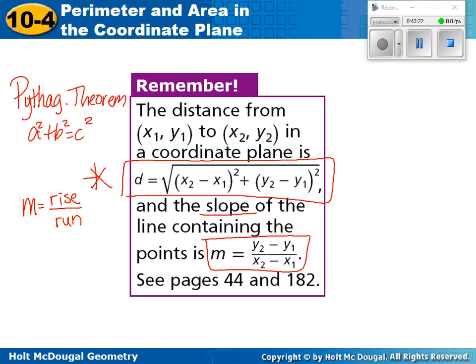Let's go to triangle number 3. What's the base of triangle number 3? 6. What's the height of triangle 3? 3. So that's going to be exactly the same as triangle 1, right? Half of 6 times 3. So we know that the area of triangle number 3 is just what? 9.